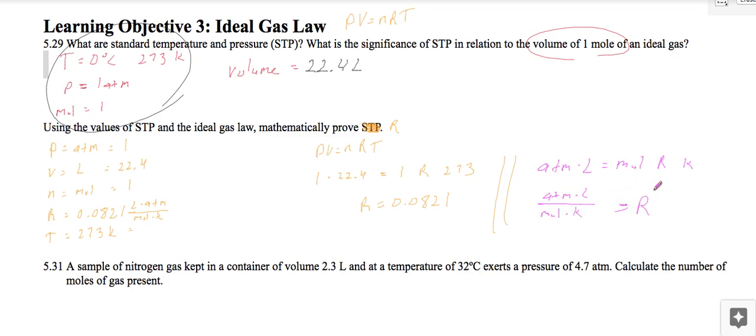So I hope you can see here now that we are not only identifying the value of this constant, but the label is important too, because if we were to change this to millimeters of mercury, this would get changed to 760, and that R constant would no longer equal 0.0821. It would be a different value because we're using different units.